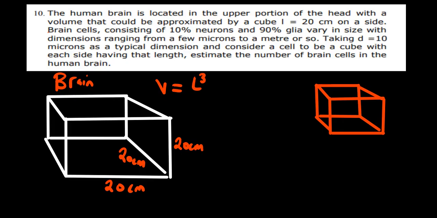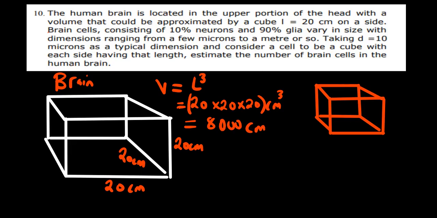So we're supposed to multiply everything: 20 centimeters times 20 centimeters times 20 centimeters. What are we going to get? 20 multiplied by 20 is 400. The 400 multiplied by 20 is 8,000 centimeters cubed. So this is the volume of the brain.